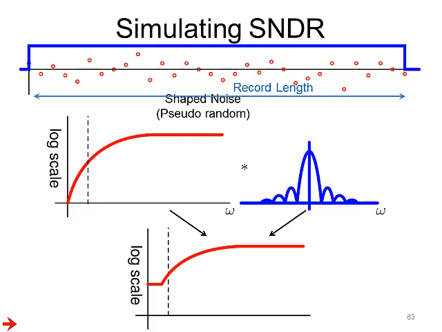Now let's see what happens if I simply use a rectangular window to compute the spectrum. I think I should be okay because the input lies on a bin after all. However, the Fourier transform of the infinite length shaped noise sequence must look like this because it's a high pass transfer function. In the signal band, the amount of energy is very, very small.